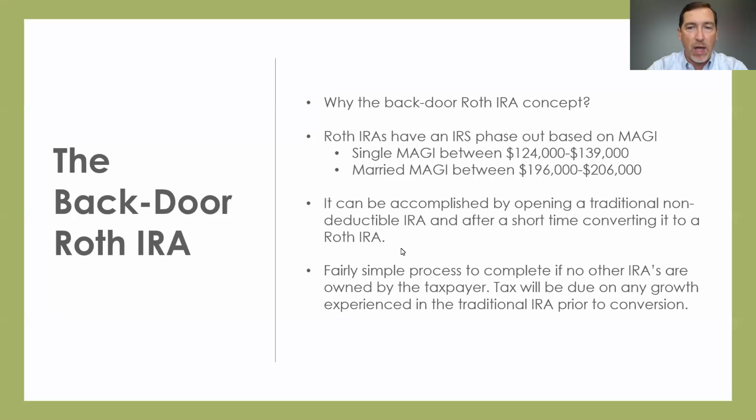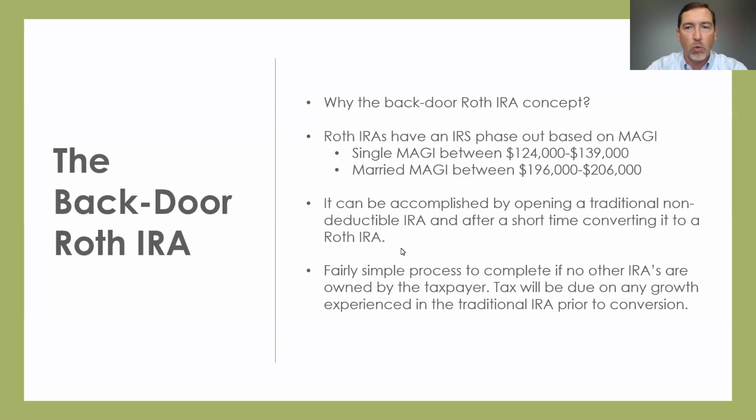You can accomplish that by opening a traditional non-deductible IRA, and then after a few days, converting that money over to a Roth IRA. I say a few days because you don't want to leave assets in the traditional IRA, because then any growth on those assets is taxed as income when you take it out.